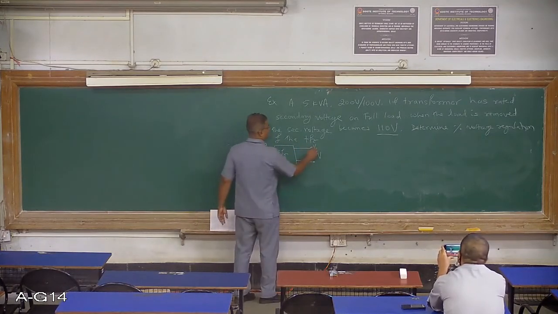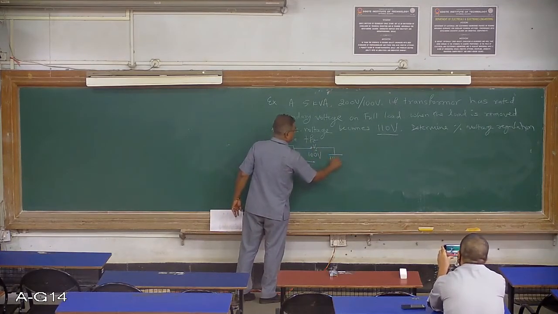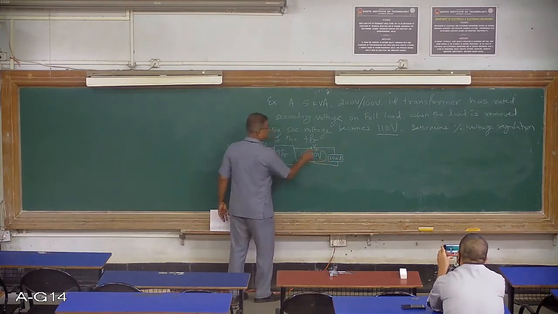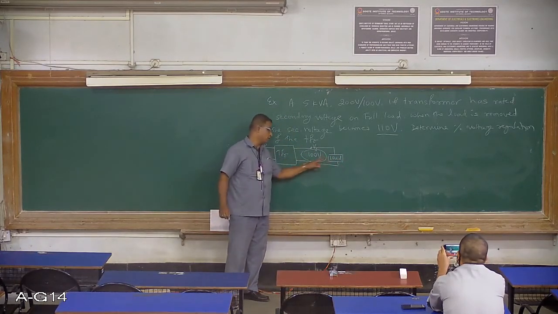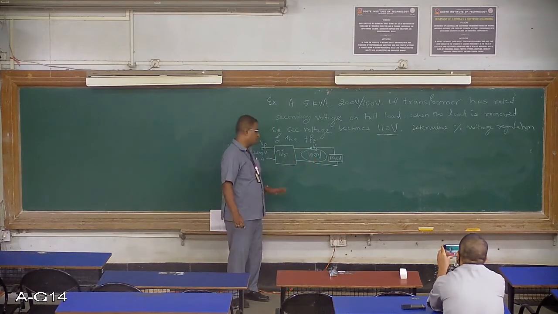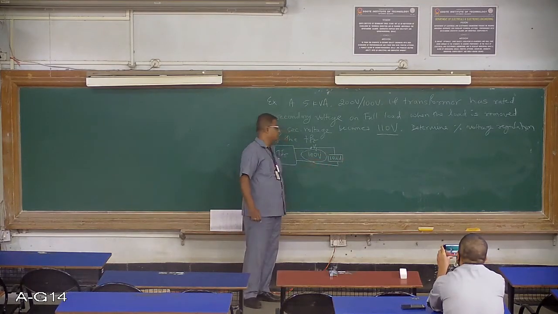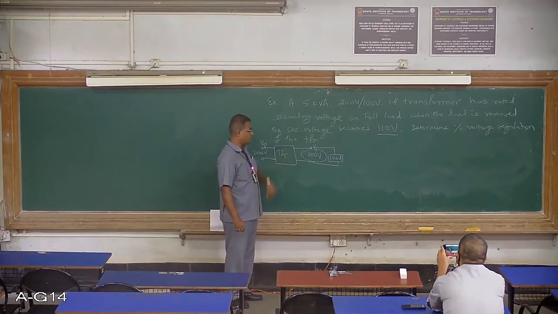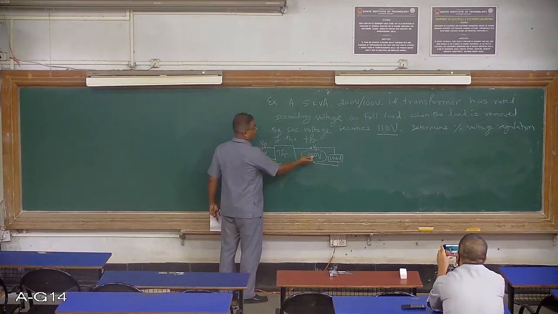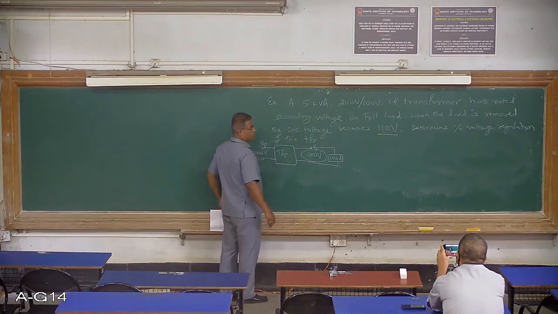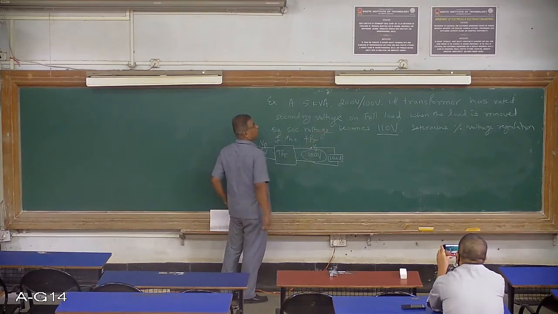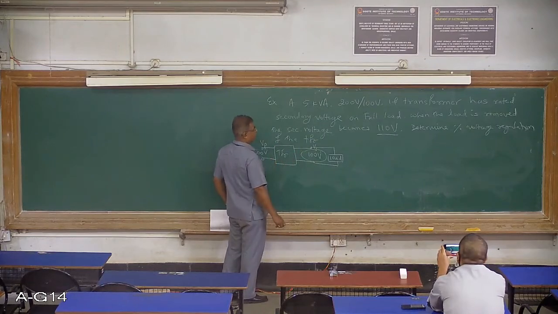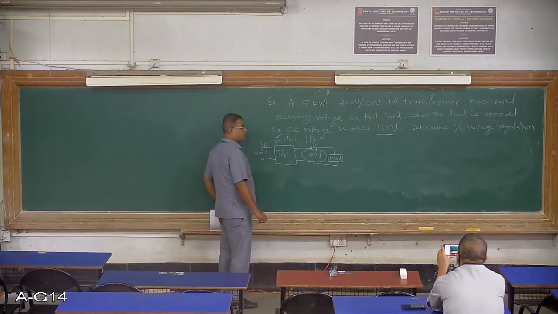So at full load, this voltage is 100 volt. On removing this load, the transformer will attain no load condition. The load has been removed. Therefore, voltage tends to increase, and it has increased to 110 volt.